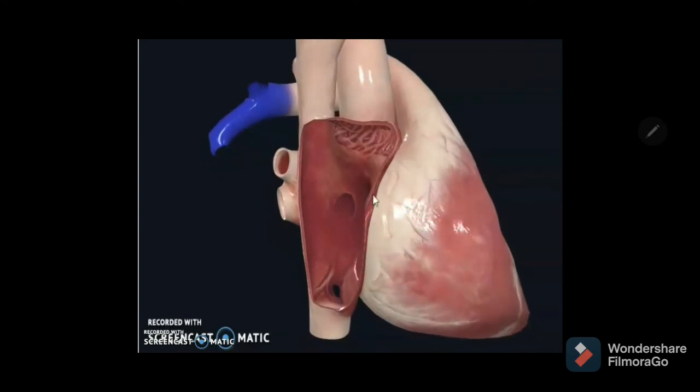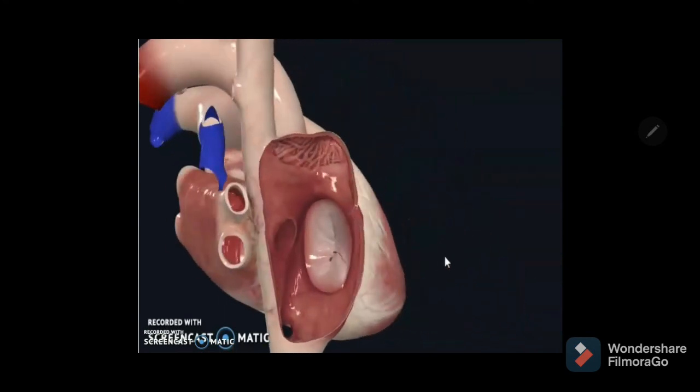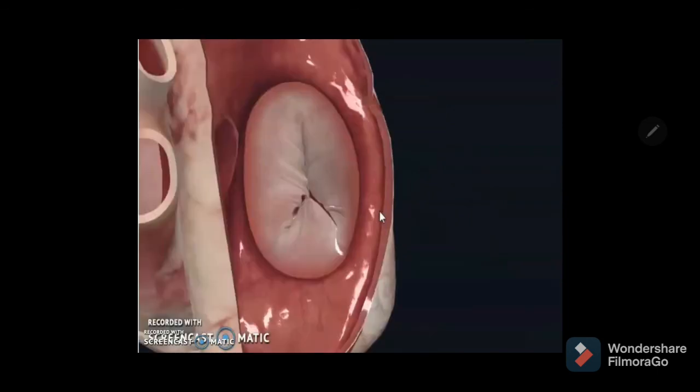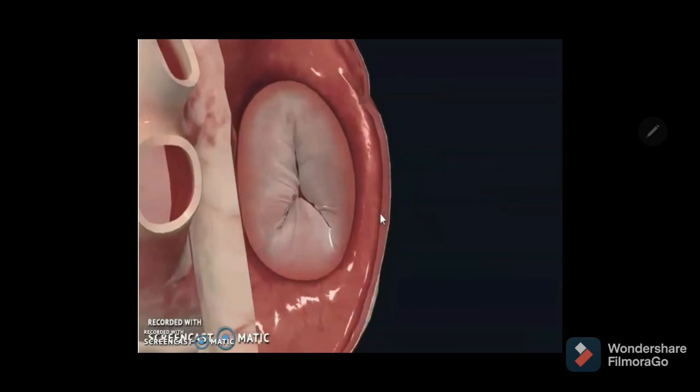So you can see this is the area where the tricuspid valve is. You can see this tricuspid valve having three cusps, that is the superior, septal, and inferior leaflet of the tricuspid valve.